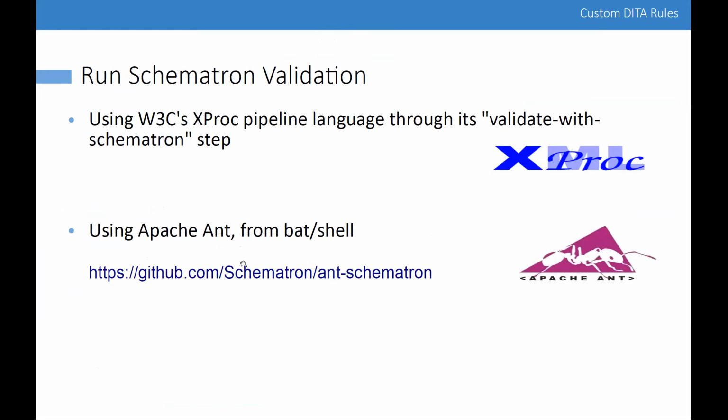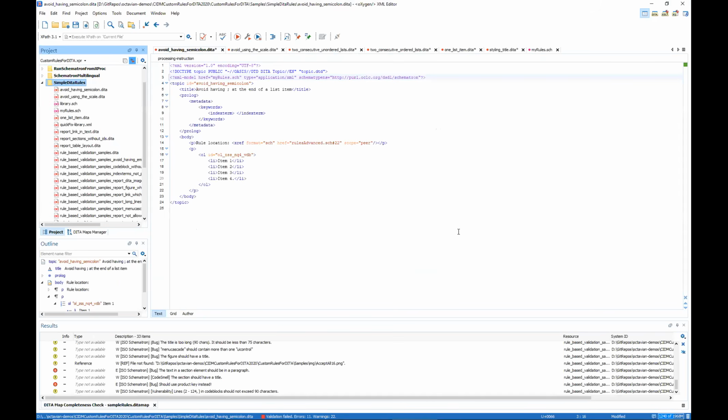So this is a way. Another way to run Schematron validation is using XProc or Apache Ant, and maybe use the default Schematron implementation that is available on the Schematron GitHub page. And I will show you some example also for this type of validation. So let's switch back to the application.